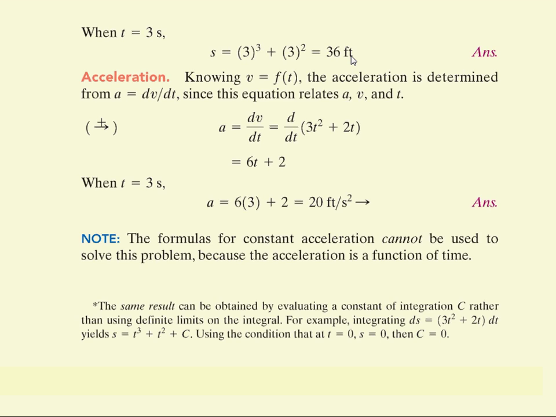The derivative then is 6t plus 2. So if you have the velocity as a function of time, then it follows that the acceleration is 6t plus 2. And when t is equal to 3 seconds, you have 6 times 3 plus 2, 20 feet per second squared.